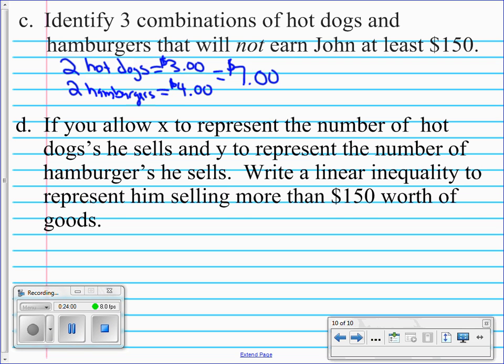It's less than $150. Any combination of hot dogs and hamburgers that you can come up with that will be less than $150.